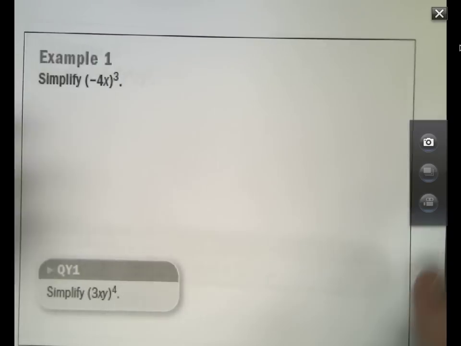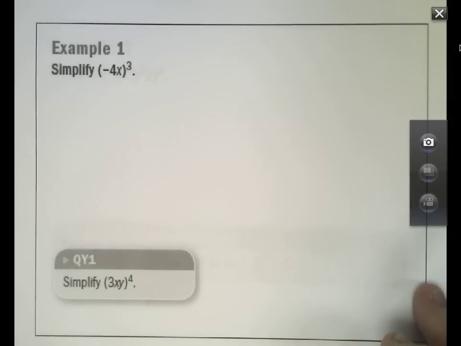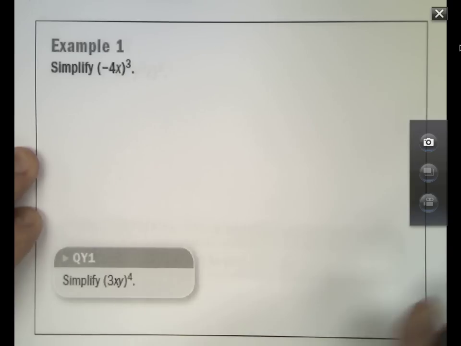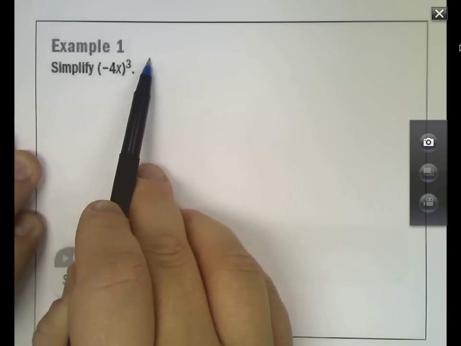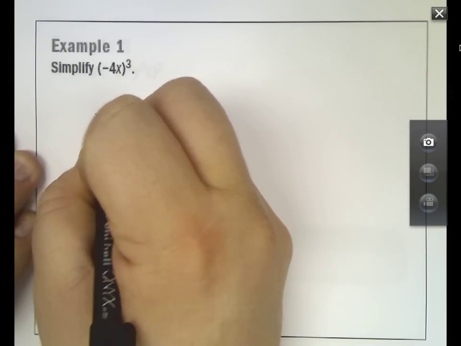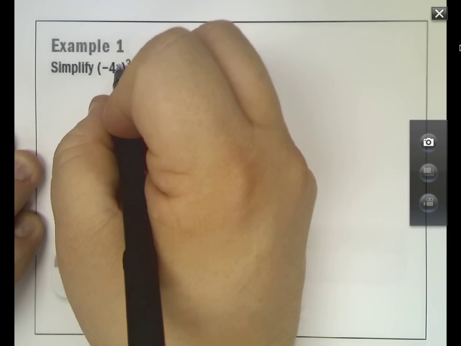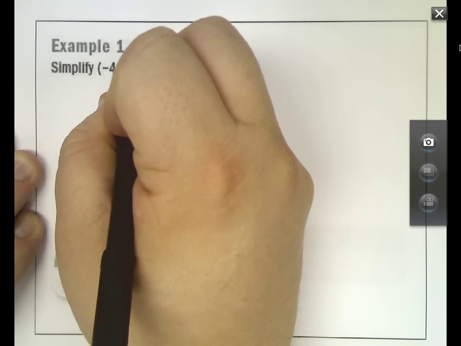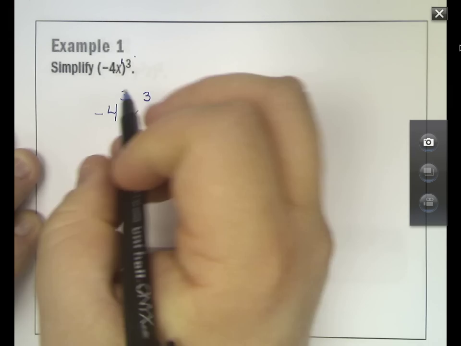Let's look at example 1. It says simplify negative 4x to the third power. So that 3 has to go on everything. It has to go on the negative 4. It also has to go on the x. So it's negative 4 to the third power, x to the, 1 times 3 is obviously 3.